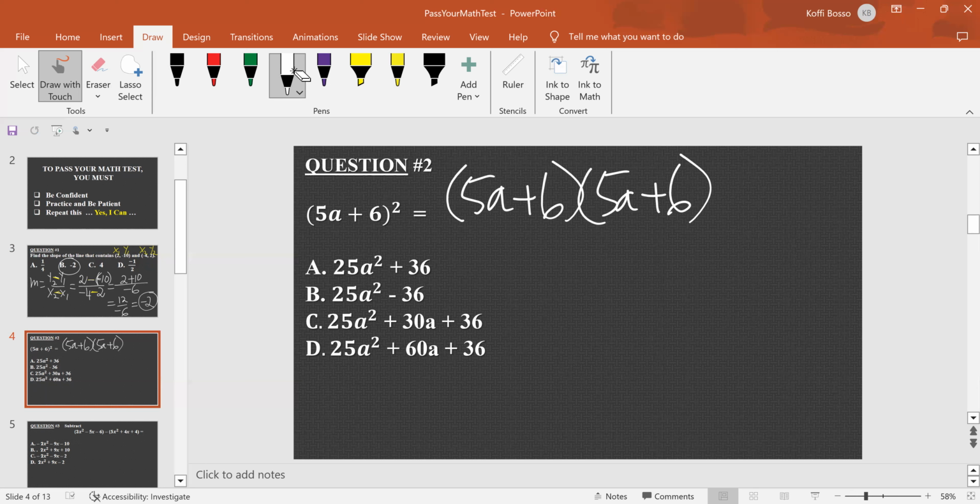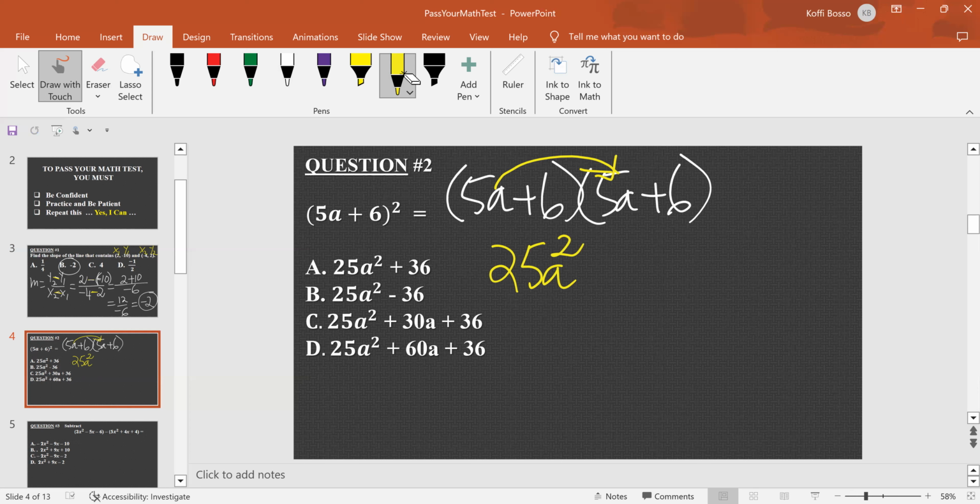Therefore, we're going to use the distributive property. We take 5a, we multiply by the other 5a. And the 5a multiplied by 5a is 25a squared, because 5 times 5 is 25, and a times a is a raised to power 2.